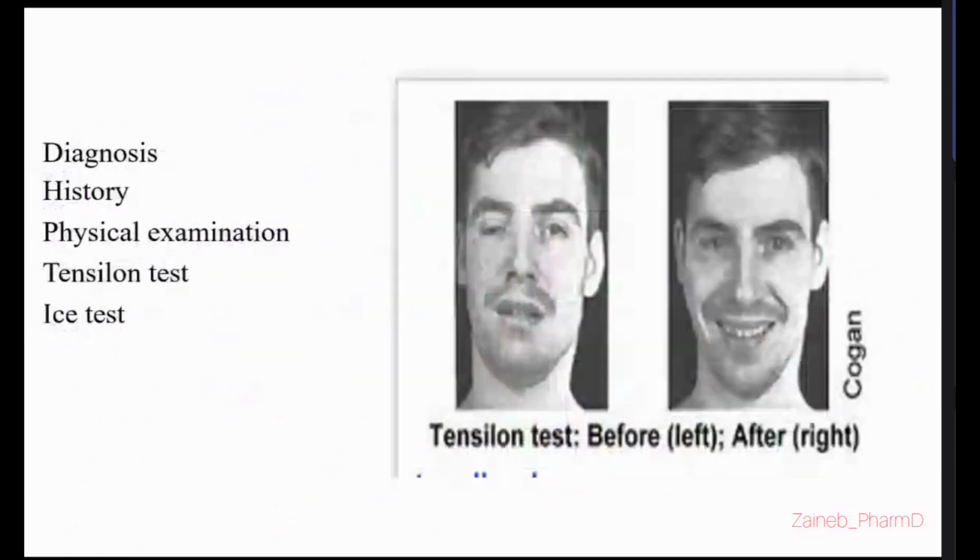So these are the signs and symptoms. Now we go to the diagnosis. The diagnosis of myasthenia gravis is based upon four criteria. The main one is the patient history, as discussed: congenital myasthenia, any defective genes, or family members having a history of myasthenia.